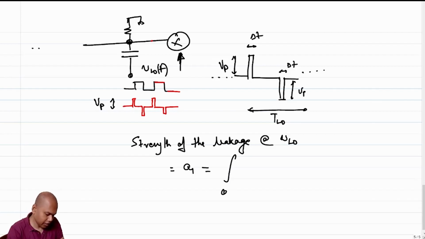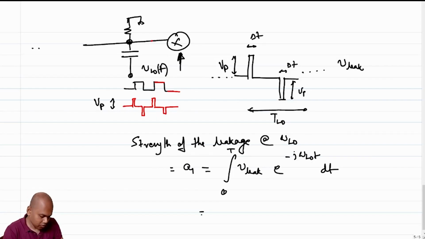If I call this V leak, it will be the integral from 0 to T of V leak times e to the power minus j omega LO t dt, right? So what is this? If I start from here, what do I see? I see from 0 to delta T, this is equal to Vp, then e to the power minus j omega LO t dt. There is a 1 over T term, which I forgot, which is important.